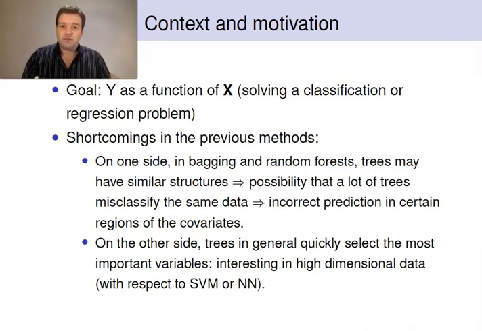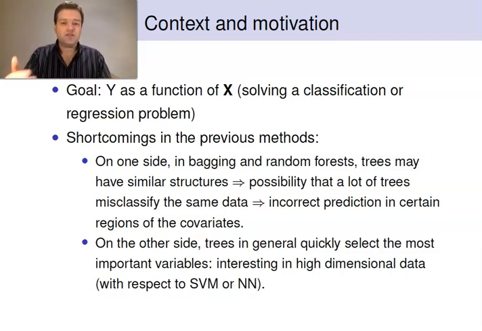The consequence of that is that, if we are in a context where we have many covariates, these methodologies have the advantage to select, we could say, the most important ones. And when we have a very high dimensional problem, the problem is that we have too many covariates. The trees there have, I would say, a solution for that.